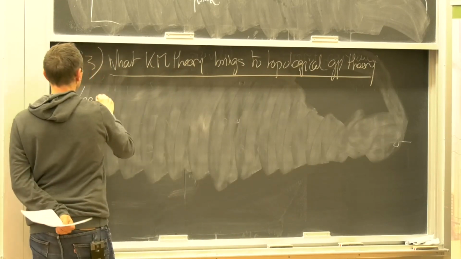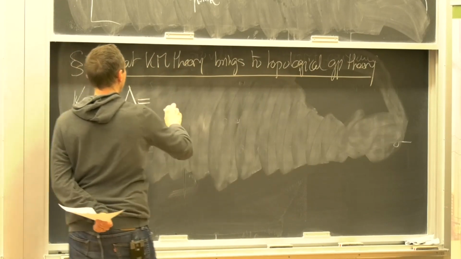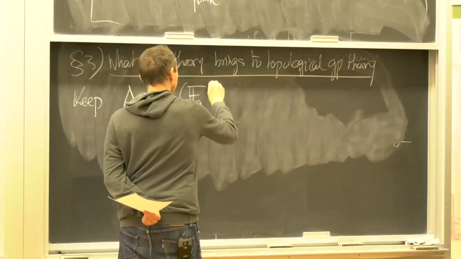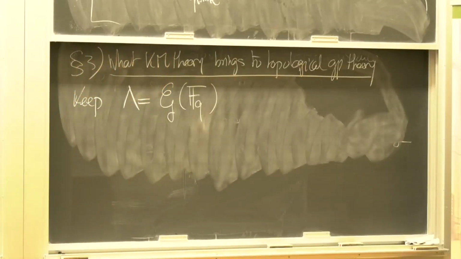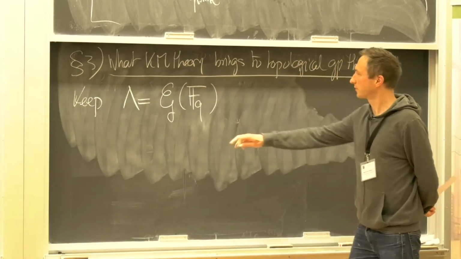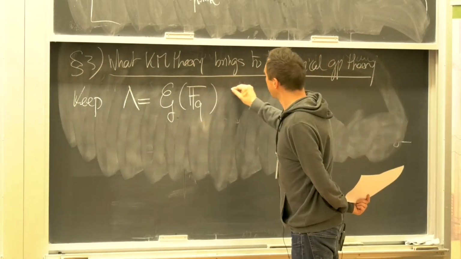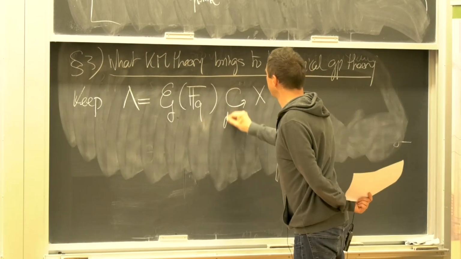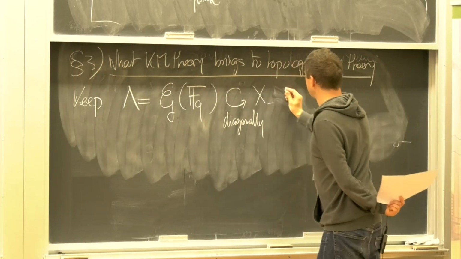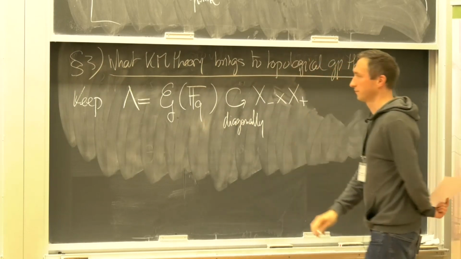We keep our group lambda, which is the F_q points of a Kac-Moody Tits group functor. So this guy acts diagonally on two buildings, two locally finite buildings.